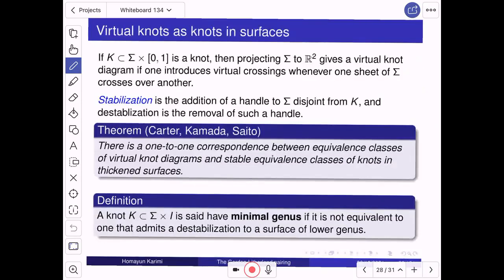Anyway, now you can relate the virtual knots to knots in surfaces as follows.